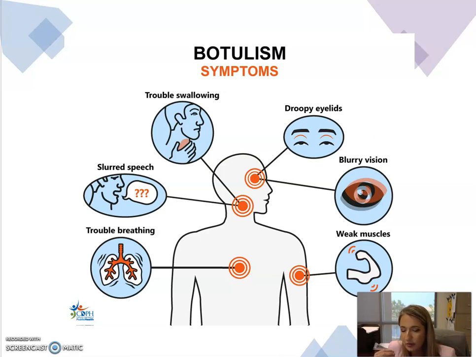So initially you would have blurry vision, droopy eyelids, trouble swallowing, some slurred speech. But then as the toxin spreads throughout the body, eventually the paralysis is going to become systemic. Eventually it'll affect the entire body, all the way down to your ability to breathe. And at that point, that's when it can become fatal.